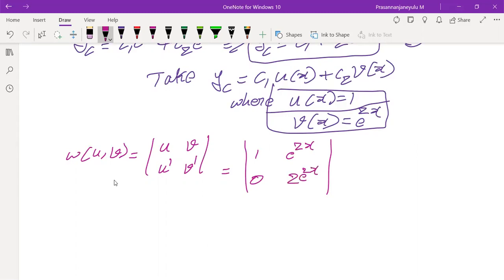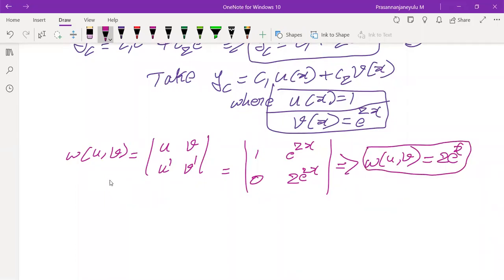If we find the determinant, W of u comma v is e power 2x minus 0, which is 2 e power 2x minus 0, simply 2 into e power 2x. Sorry, it is not e power x, it is e power 2x. So the Wronskian is 2 into e power 2x.